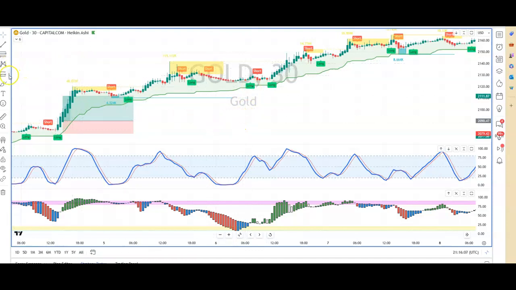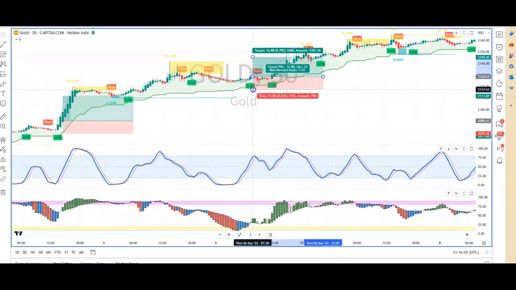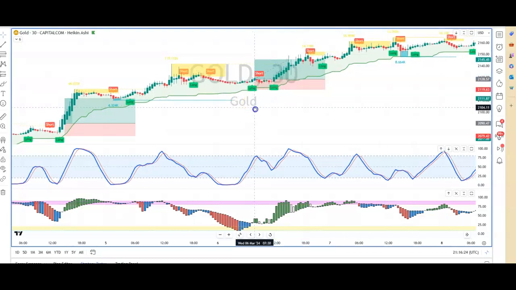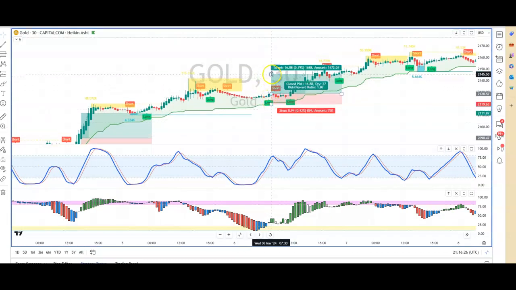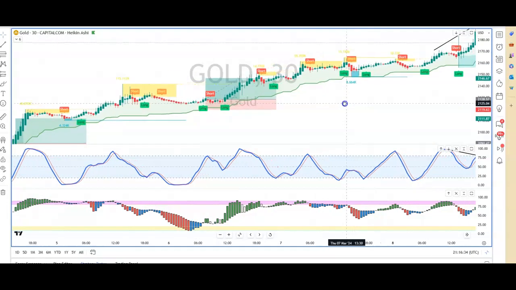And then we would have a position there, 7:30. And this one's a much narrower stop. So your target's going to be hit much sooner. So there's your target there. Another 181 pips with a 2 to 1 risk to reward.